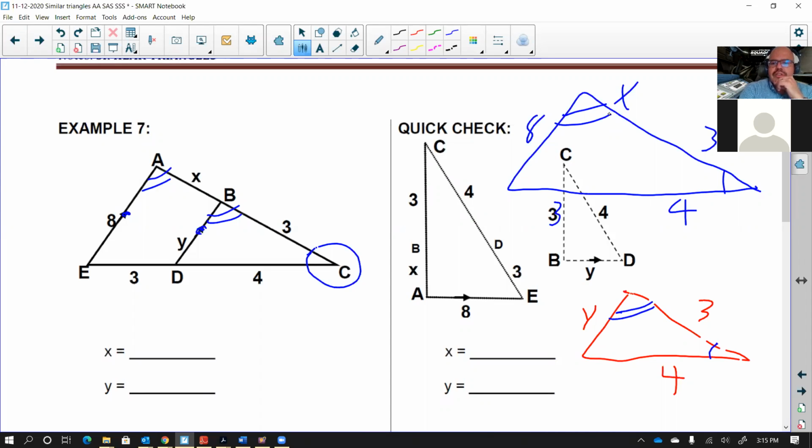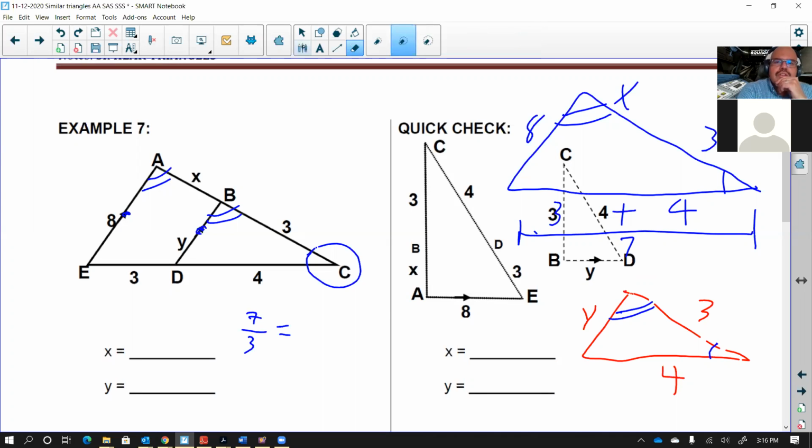Common ratio is the first thing I'm going to look for. We have 3 and 4, so we add those together. That gives me a total length right here of 7. So we can set up the proportion 7 divided by 3. That's going to be my ratio, equal to, now I'm going to look for one of the other sides. Since we have x and 3 right here from the first triangle, we're going to add those two together.